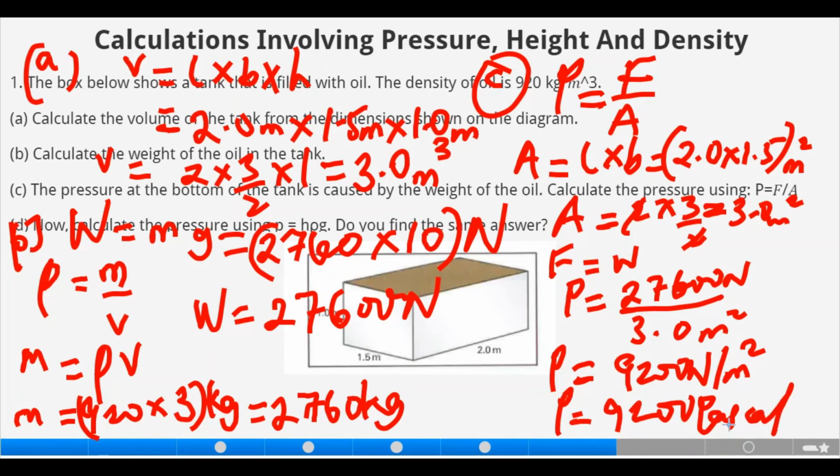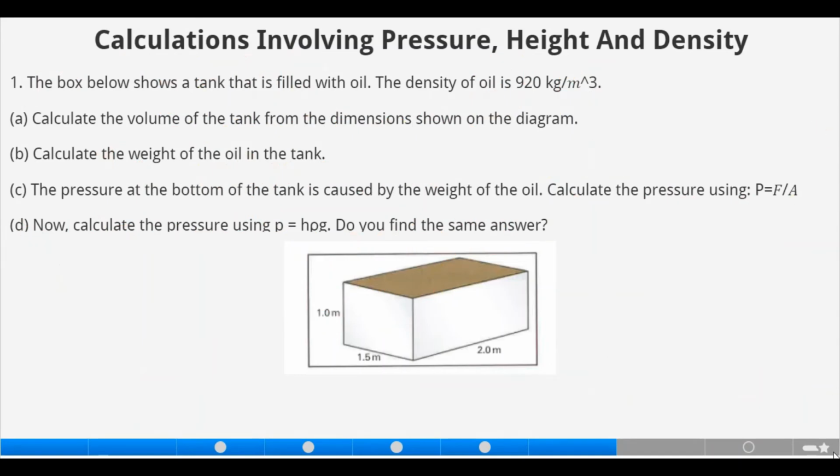Okay, so we are also to calculate the pressure using the formula H rho G. So let's try it out and see.